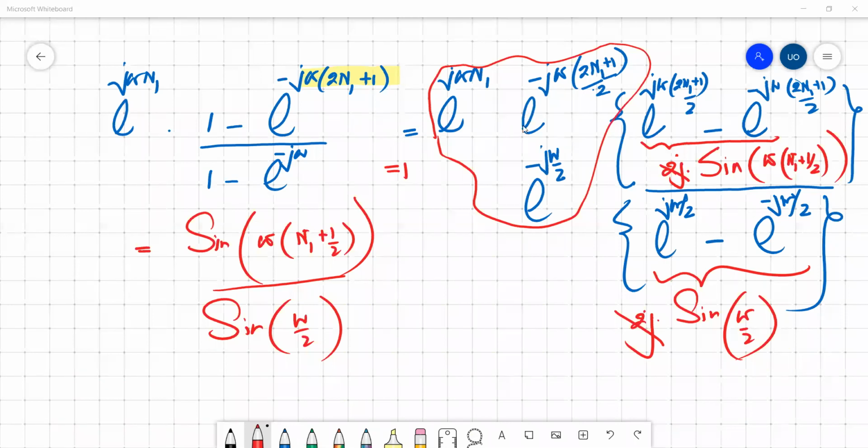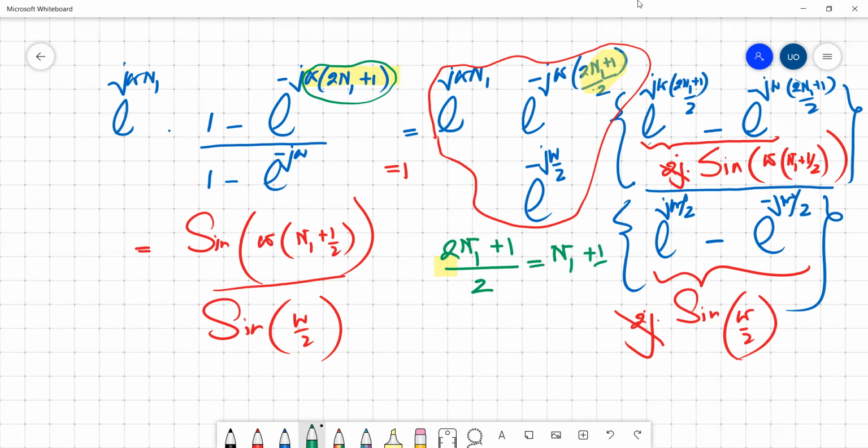That is 2n1 plus 1 divided by 2, because we simply take half of this exponent out. Only then can we make a sine term here. We have two complex exponential terms, and to make it sine, that's why we take half of this term out. So if you divide it separately, you have n1 plus half.